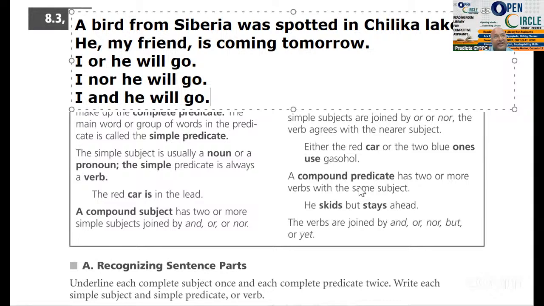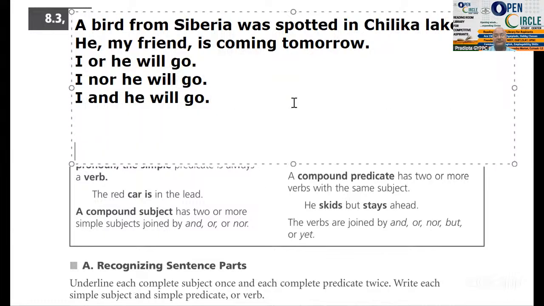Now, similarly, a compound predicate has two verbs. A compound predicate has two verbs. जैसे example here one is given. He skids but stays ahead. मतलब क्या है? What do you mean by the word skid? समझते हो दिया था print out? Sir. हाँ?